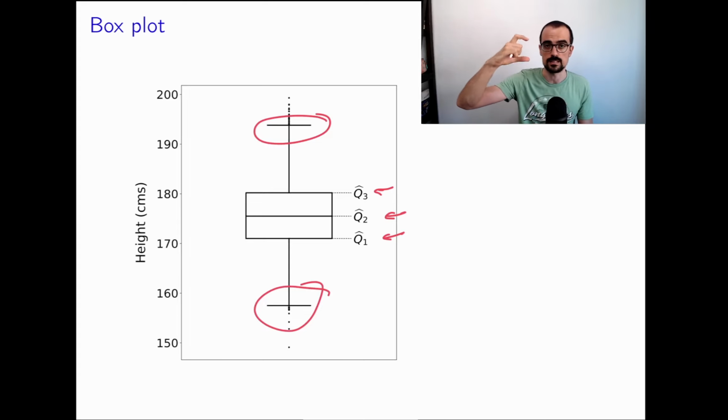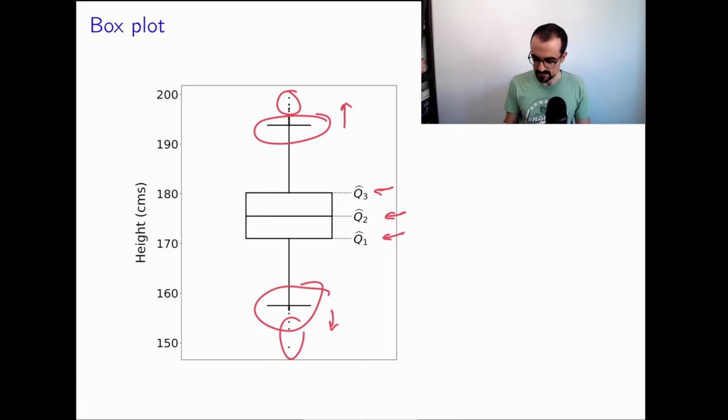The interquartile range is just the difference between the third and the first quartile. And then if there are any points left after 1.5 times the interquartile range, you just plot them as outliers, and this enables you to see if there are any data points that are particularly large or particularly small. In this case, these people are very tall and these people are pretty short.